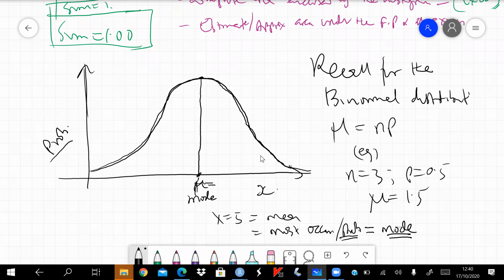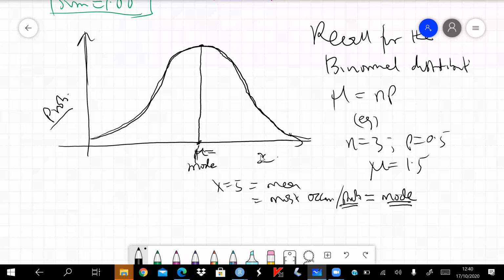And again, if you look at the range of x, if you were to arrange all the possible values of x from the smallest, which is 0, or maybe minus infinity, all the way to plus infinity, then you locate the center, you will notice that this point here is also the center.